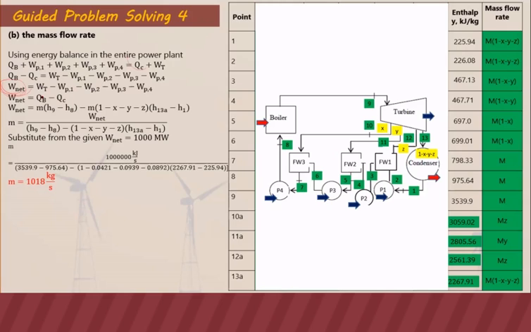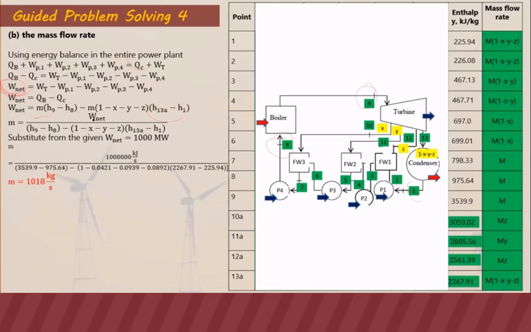And the heat input in the boiler is mass flow rate times the change of enthalpy H9 minus H8, and for the condenser, the mass flow, which is 1 minus x minus y minus z, times the enthalpy difference H13 actual minus H1.